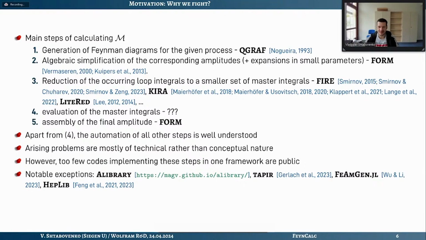And then, at the end of the day, you assemble the final amplitude, again using the FORM code. The claim I'm trying to make is that apart from step 4, the evaluation of the master integrals, all other steps are something that we understand pretty well. I'm not saying that the steps are trivial, because there are always some issues that can arise here and there.